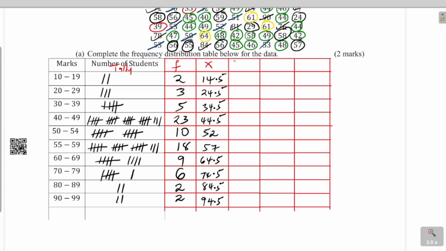So the next thing you need to get now is that product fx. Just take frequency multiply by the midpoint. So the first one is 2 times 14.5. We do this one very fast. So this one you get 29. Then the other one is 73.5, 172.5.